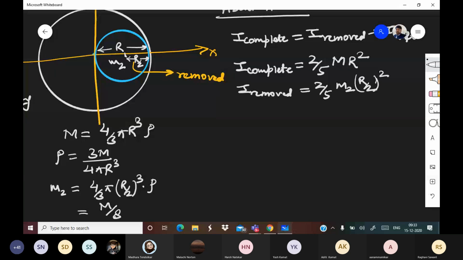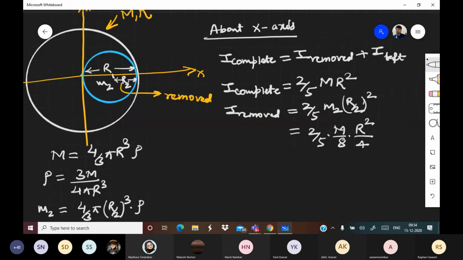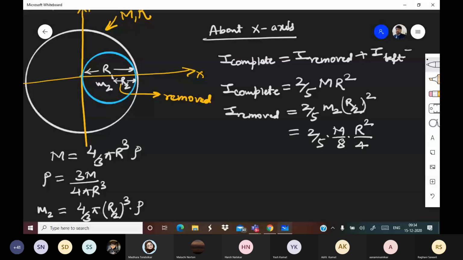So I am putting the value 2 by 5 into capital M by 8 into R square by 4. So this is the value of I removed. So let us put all these values in this equation. So this is 1, this is 2, and this is 3. Now I complete was how much? 2 by 5 M R square. Let me put that.